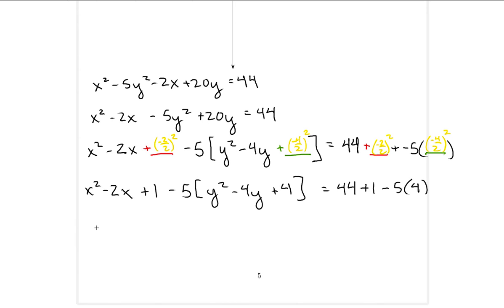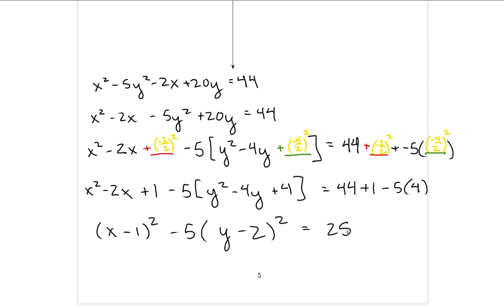But that puts me in a position to be able to factor this, and it factors into x minus 1 squared. This factors into y minus 2 squared. And that's equal to, well, we have 45 minus 20, so that would be 25.